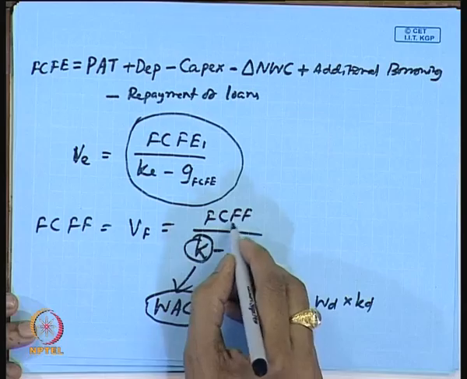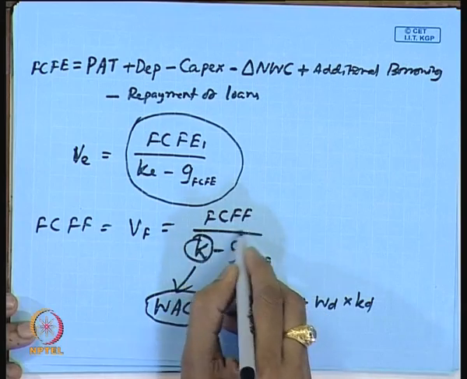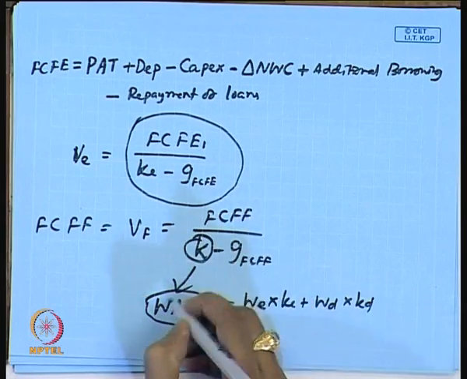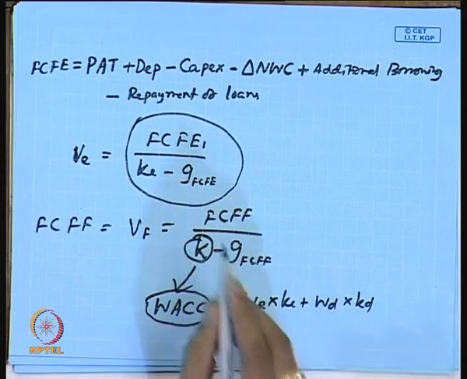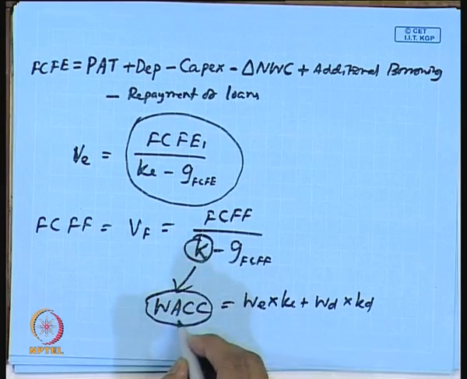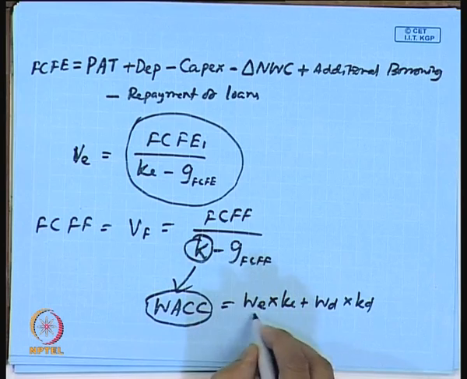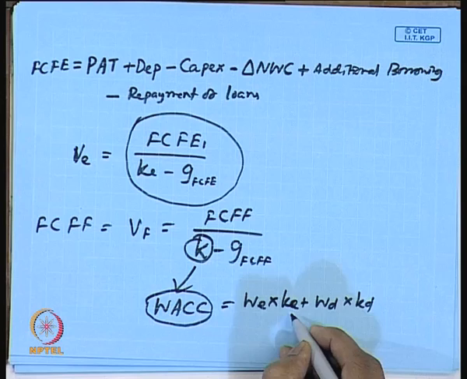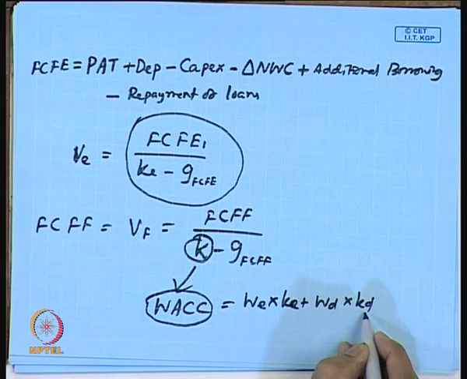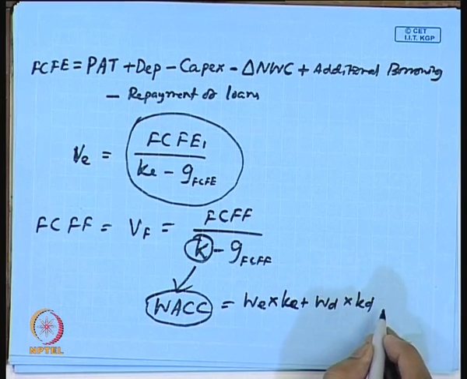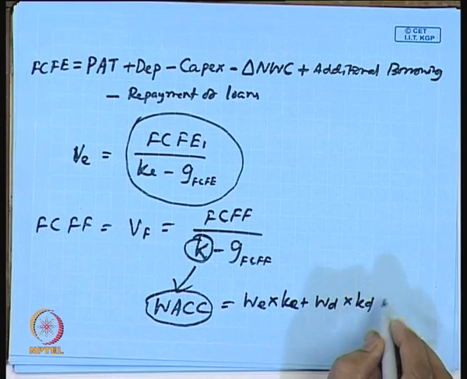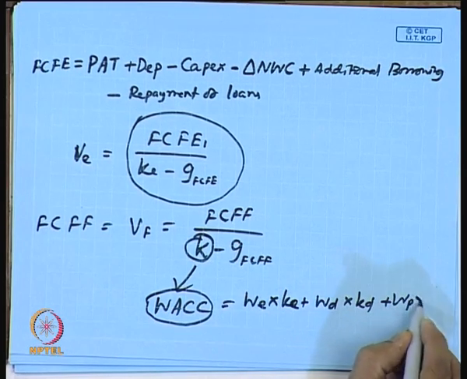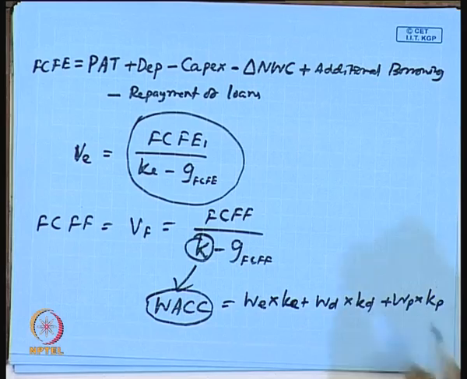Instead of FCFE we have FCFF, which is the cash flow available for all the investors. That is why the required rate of return taken here is the overall investor expected rate of return, known as the weighted average cost of capital, a weighted average of the components of finance like equity and debt. If you have other sources of finance, like preference share, one can add WP, the weight of preference share, into cost of preference share capital.